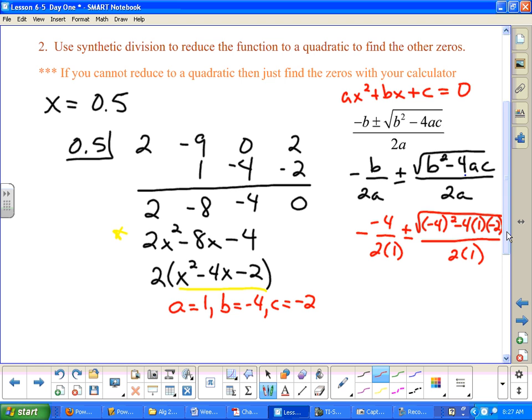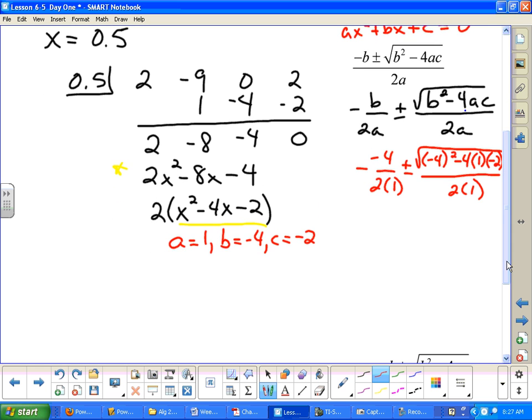Now there's good things about both ways of writing the quadratic formula. Sometimes the people that write it the way I do tend to think that everything is under the radical, but that fraction bar divides the radical. The radical's in the numerator, the other part's in the denominator. So make sure you don't mistake that.